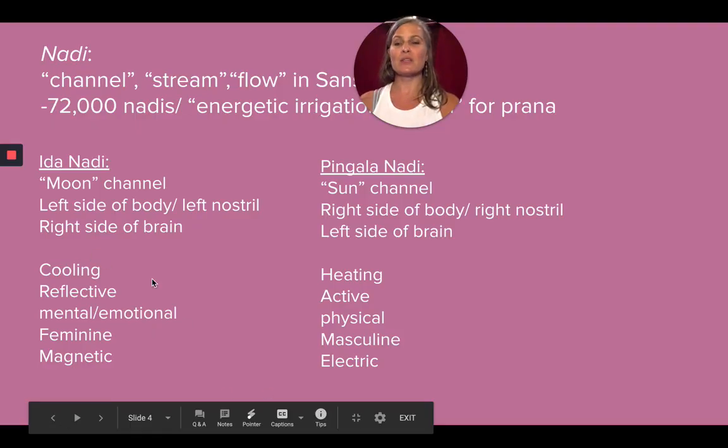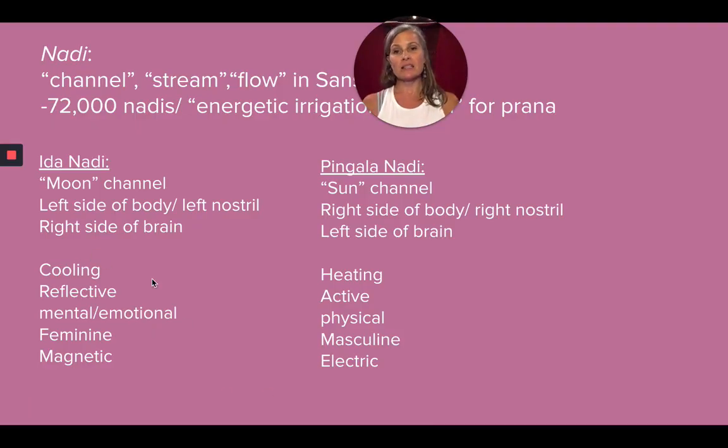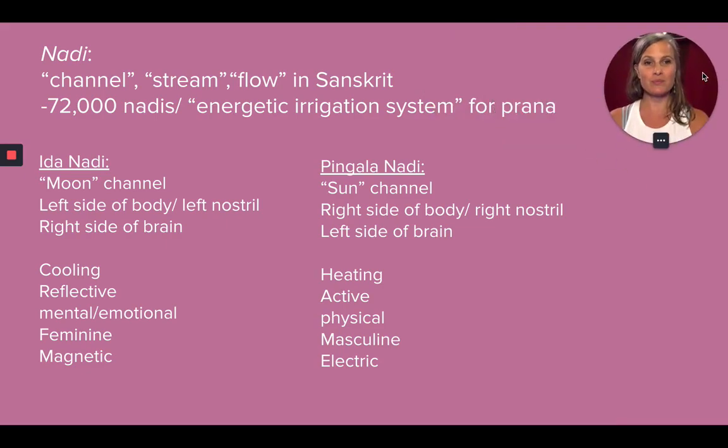Okay, so the Ida Nadi is the moon channel, as opposed to the Pingala Nadi, which is the sun channel. So we're starting to work with these polarities right away, the moon channel and the sun channel. The Ida Nadi originates on the left side of the body, down at the root chakra, Muladhara chakra.